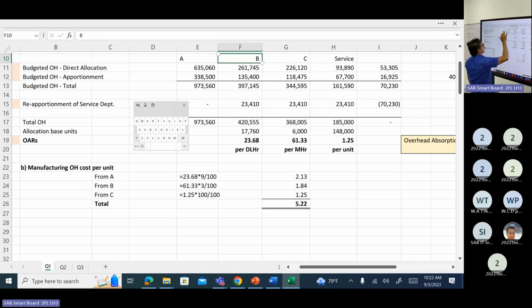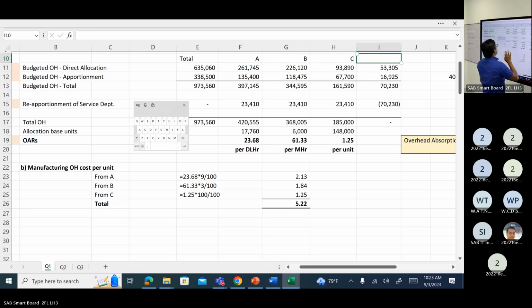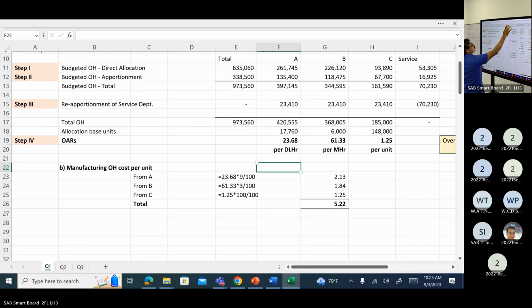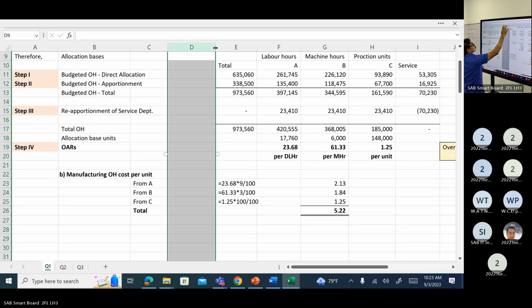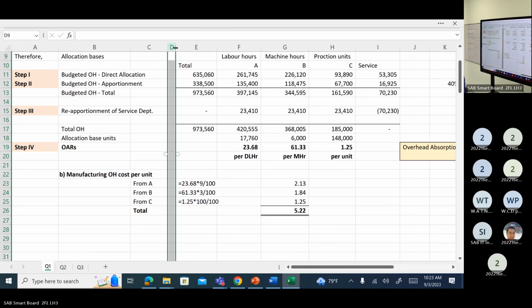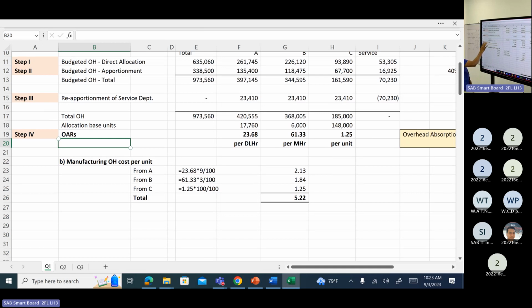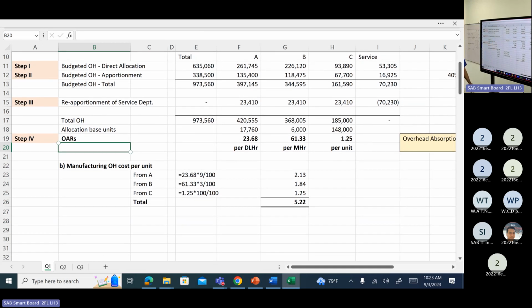Also, these totals. What is it? Forget about this allocation from this. This is what I want to focus on in detail.